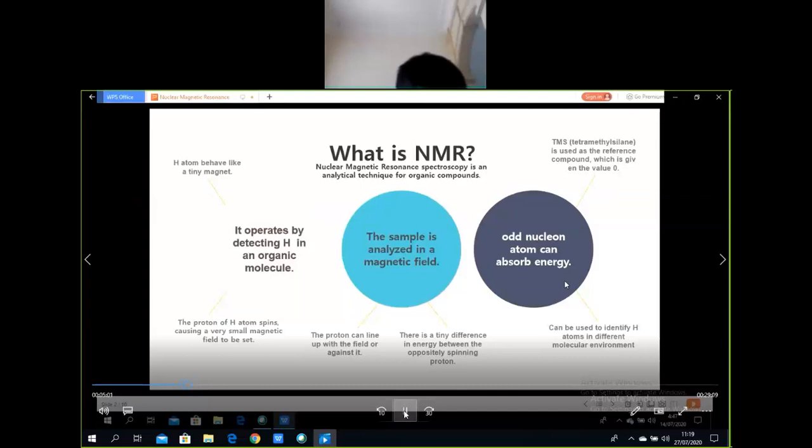The size of the gap between the nuclear energy levels varies slightly depending on the other atoms in the molecule. This is called the molecular environment. Therefore, NMR can be used to identify hydrogen atoms in different parts of a molecule.